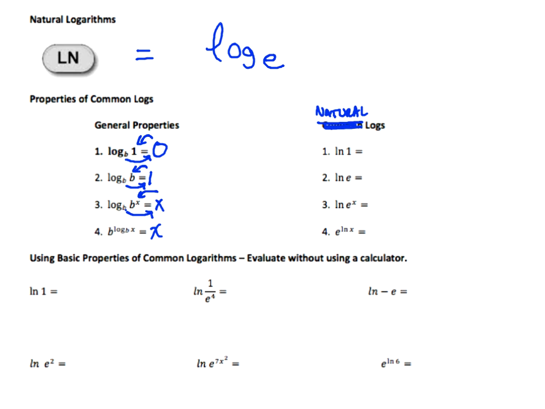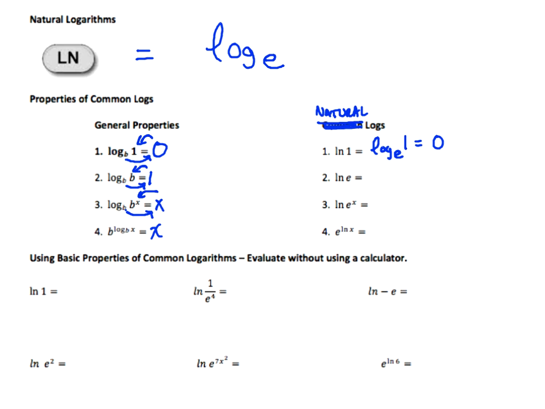All right, ln of 1. So I'm just going to rewrite this for understanding purposes, but no, this is not how you write this. Whenever you're talking about log base e, you write ln. But this is the equivalent of log base e of 1, which is 0.